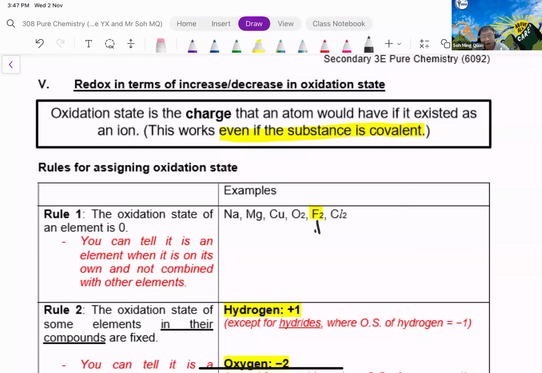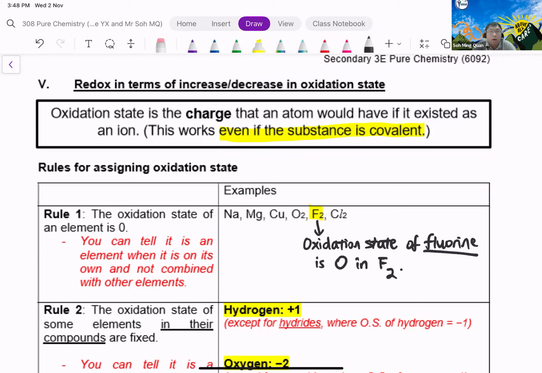So let's write this down. The oxidation state of fluorine is 0 in F2. I want you to pay attention to how I have phrased it. Oxidation state of the element name. Okay, I must spell out the name of the element, fluorine.